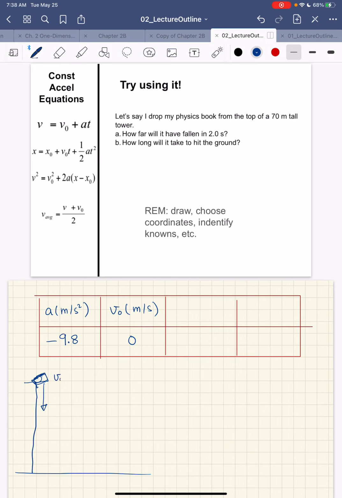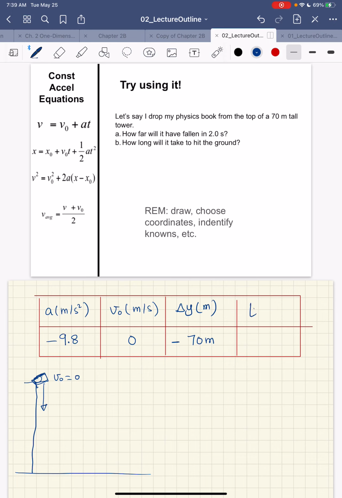Dropped means, as I said, v initial equals 0. I'm going to use delta y because I am moving vertically. And since I am moving downward, my displacement should be also what? Negative. And then how far will it have fallen in 2 seconds?